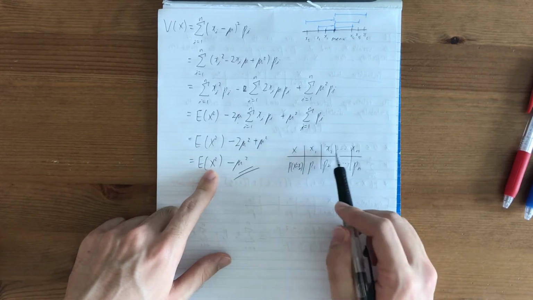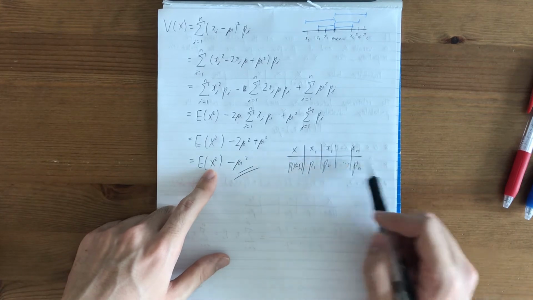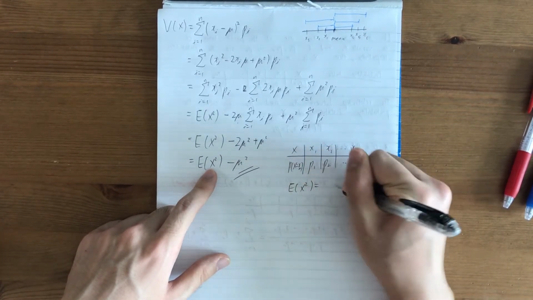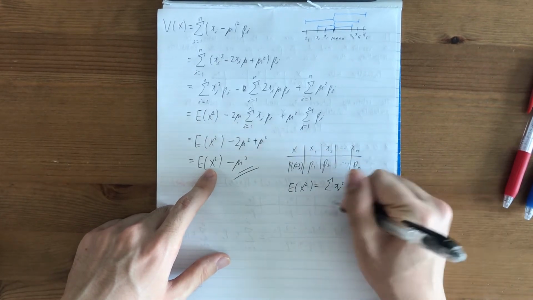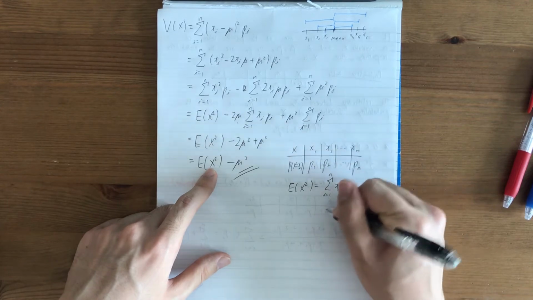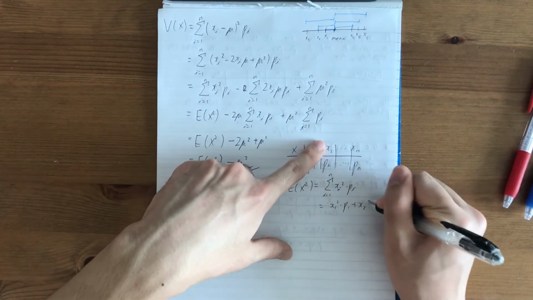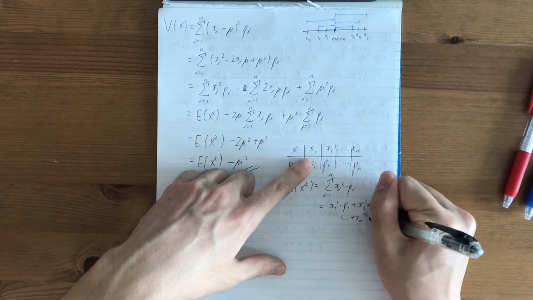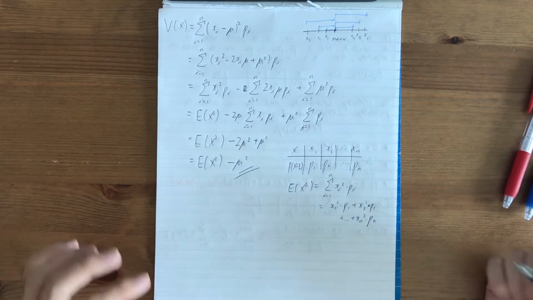We square them and we just multiply by the corresponding probability and add them up. That's it. So this is simply the sum of xi squared times pi, with i equals 1 to n. That means x1 squared times p1 plus x2 squared times p2, all the way until xn squared times pn. So simple to calculate, right?